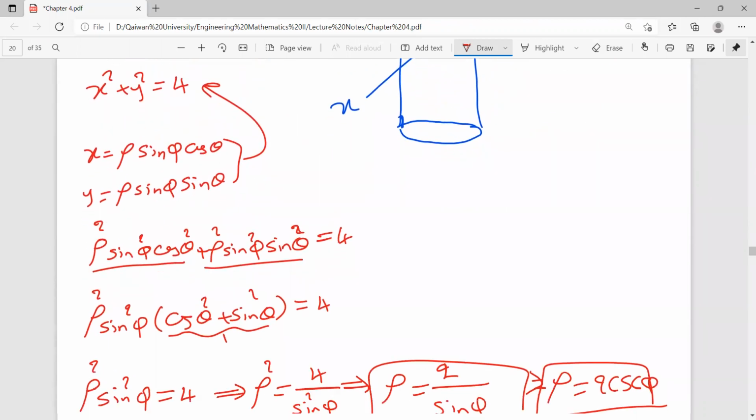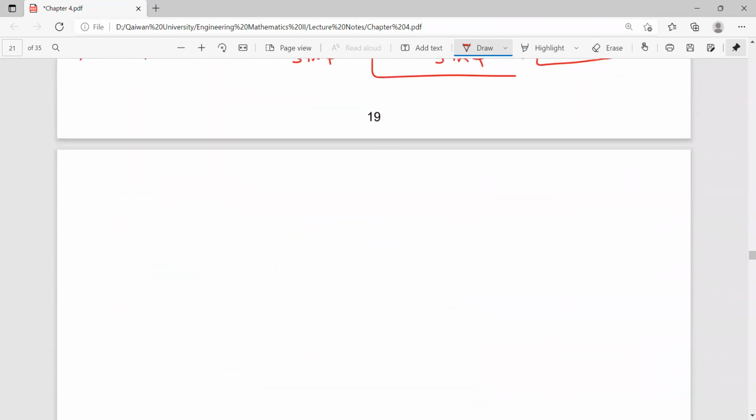To find the volume in spherical coordinates, we say V equals the triple integral d rho, d phi, and d theta. We have rho squared sine phi. This is for the rule.